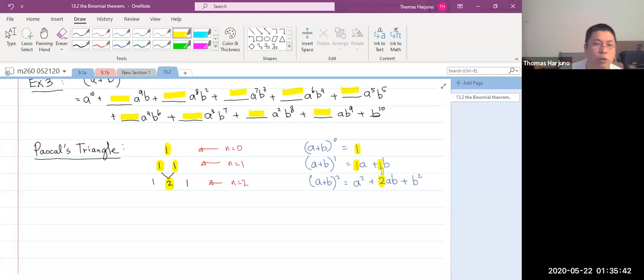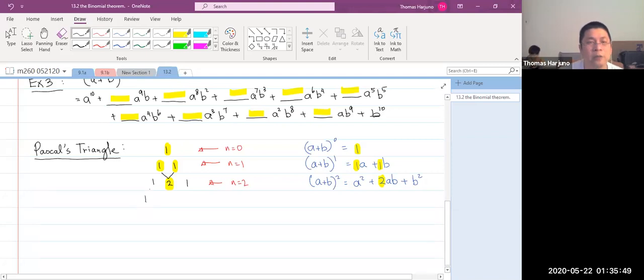Now, the thing is how to expand this Pascal's triangle further. The way we do it, it will start from 1, and then the next term will be the sum of these two numbers. The next term here will be the sum of these two numbers, and this guy. End it with 1.